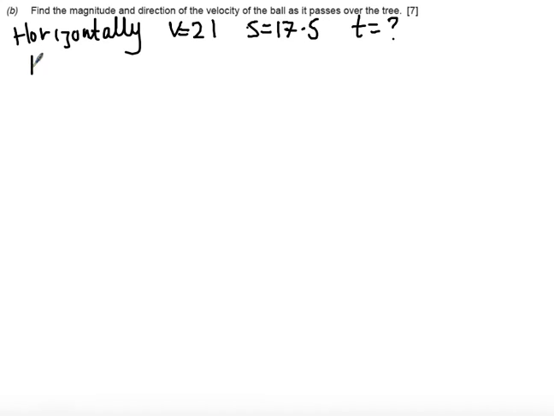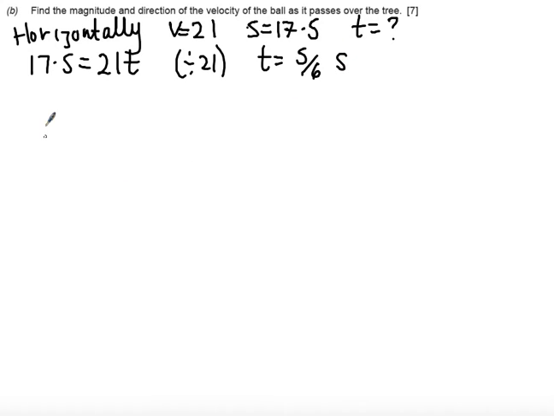So what I get is 17.5 is equal to 21T, and if I divide by 21, we get that the time equals 5/6 of a second.